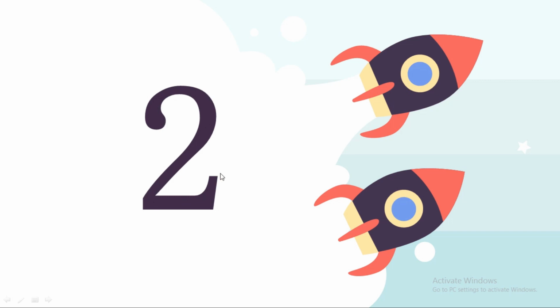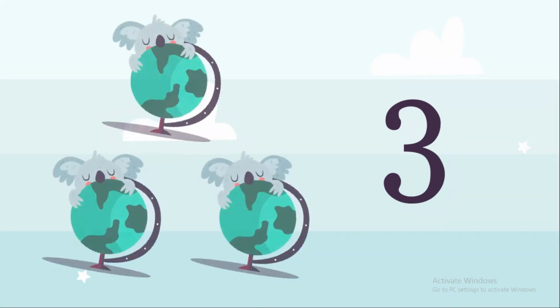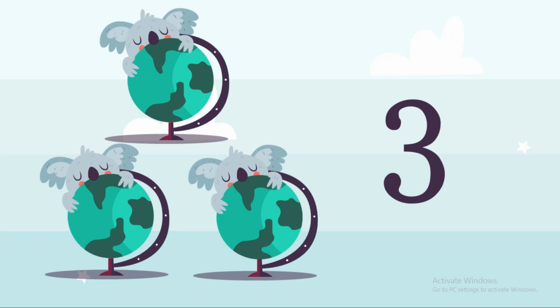What comes after 2? Let's see. 3. The next number which we have is 3. When we talk about number 3, we mean that there must be 3 objects.